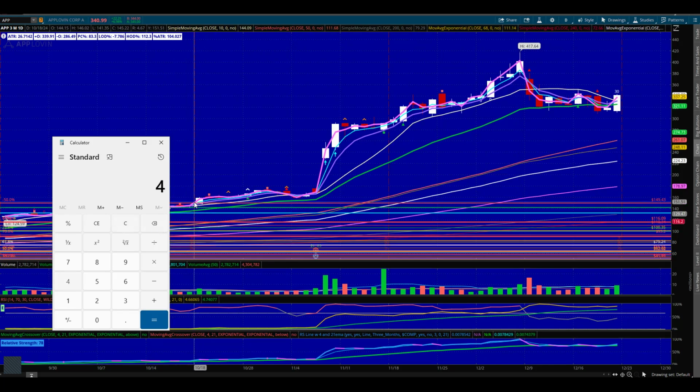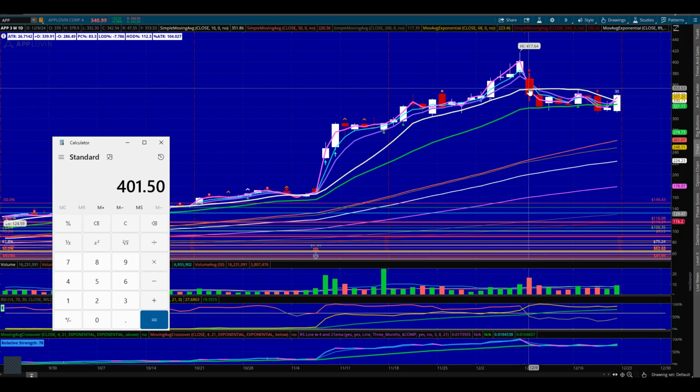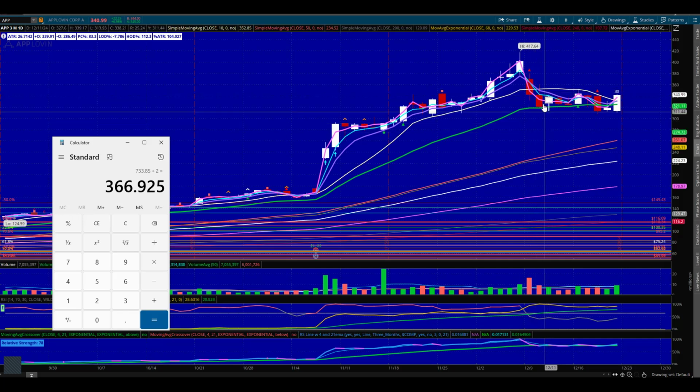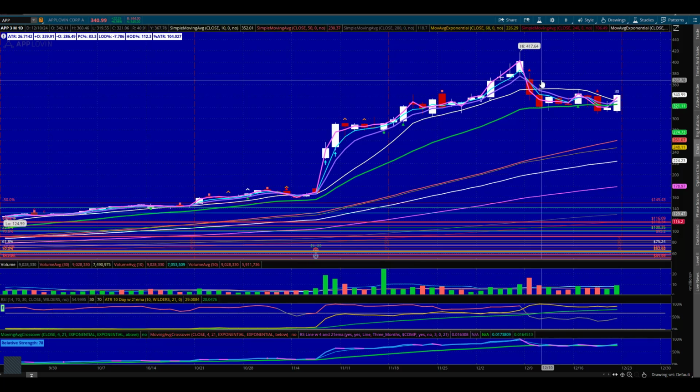So you want to take the 401.50 and add that to the low of the day, of the gap down. So that was 332.35, and then just divide them by 2. So you can see 366.925 on APP is the midpoint on that. So that 366 area.